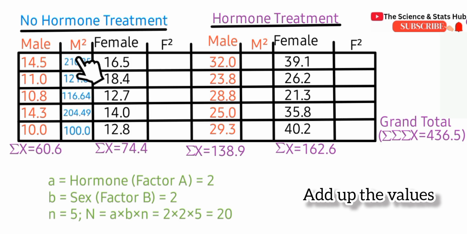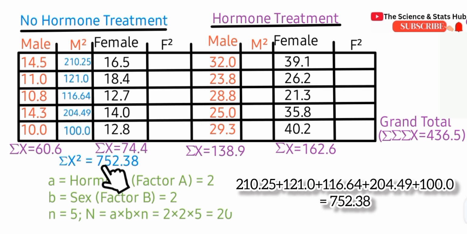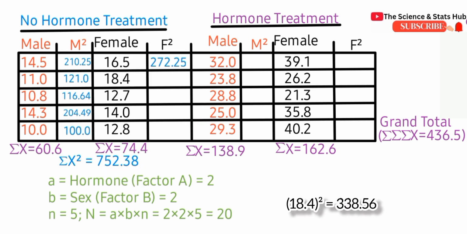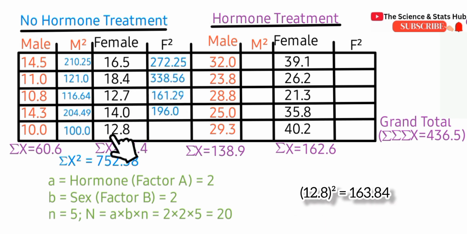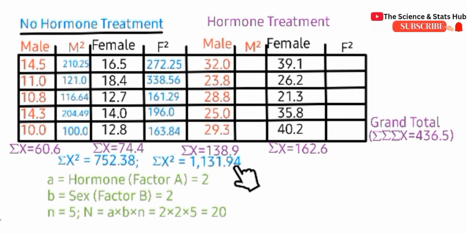Now let's add all these values together: 752.38. Then 16.5 squared, 18.4 squared, 12.7 squared, 14 squared, lastly 12.8 squared. Now let's add all these values together: 272.25 plus the other values gives 1131.94.